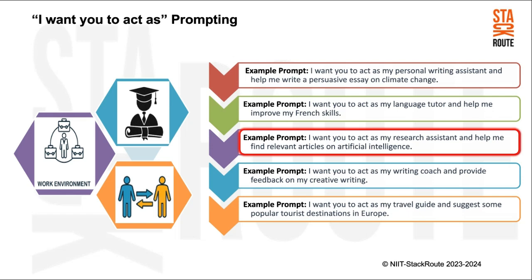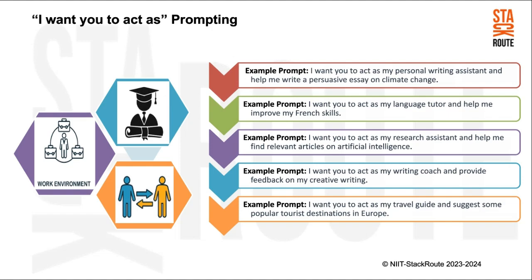Third one would be I want you to act as my research assistant and help me find relevant articles on artificial intelligence. Another one would be I want you to act as my writing coach and provide feedback on my creative writing. And the last one, I want you to act as my travel guide and suggest some popular tourist destinations in Europe.